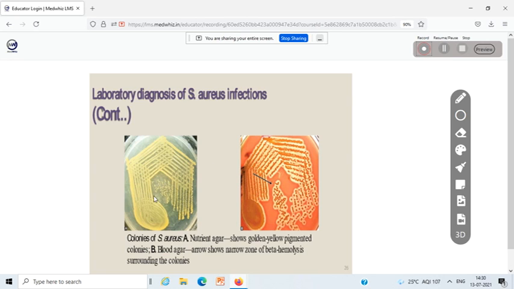You can appreciate the golden yellow colored colonies. This is what will be kept for your exams, for your practicals. And here you have the blood agar where you see this shiny clear zone. This is known as the zone of hemolysis. This is because of the dying RBCs next to the bacterial colonies.